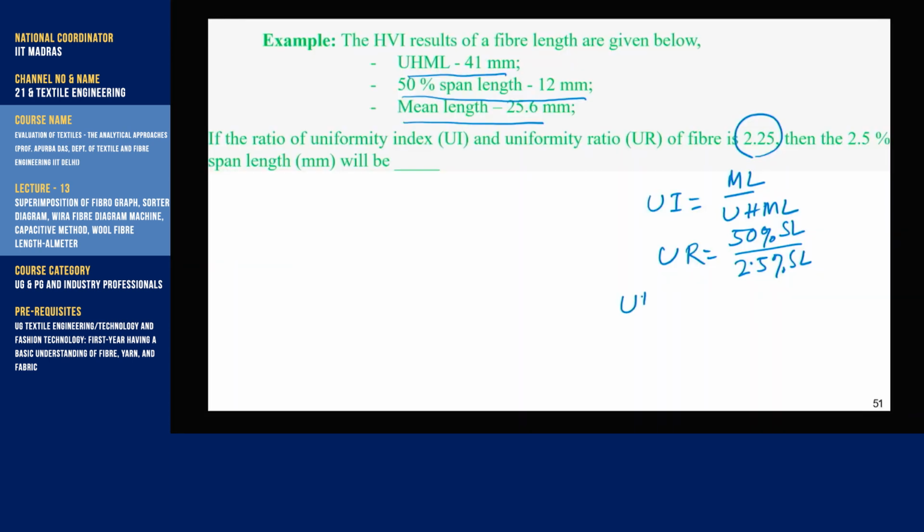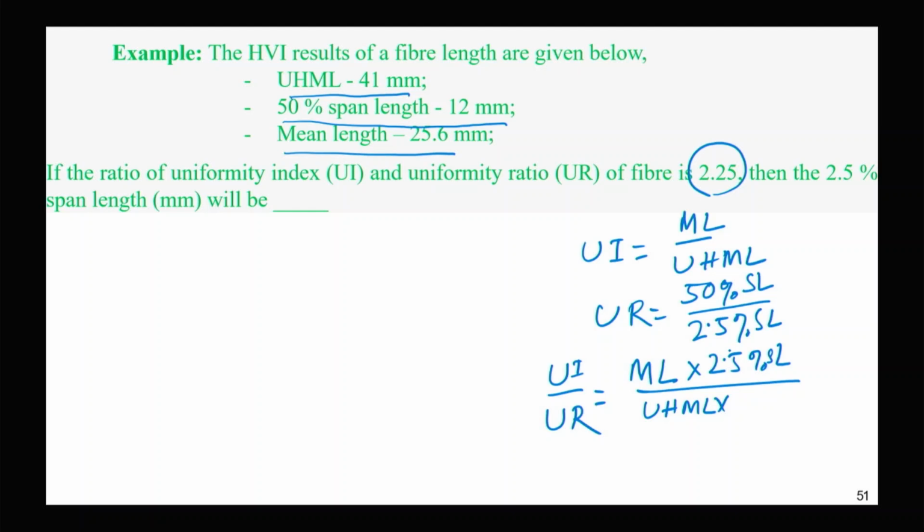So uniformity index by uniformity ratio is mean length multiplied by 2.5% span length, by upper half mean length multiplied by 50% span length.